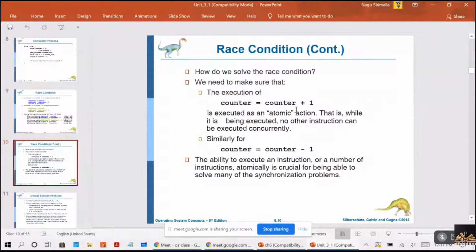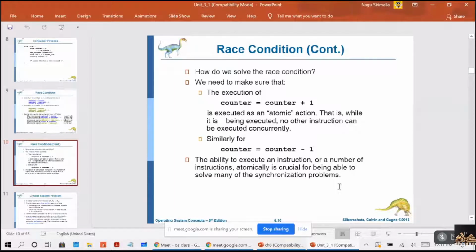So count equals count plus one has to be executed completely, as an atomic action. That is, while it is being executed, no other instruction can be executed concurrently. Similarly for the consumer, counter equals counter minus one. The ability to execute an instruction or a number of instructions atomically is crucial for solving many synchronization problems.